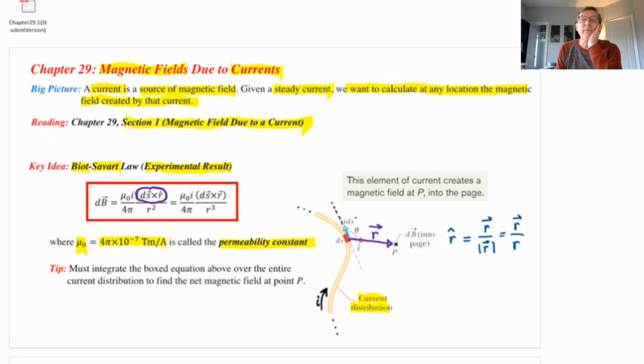And we just use the right-hand rule to get the direction of ds cross r hat. Okay? And that will give us the direction of dB at point P.